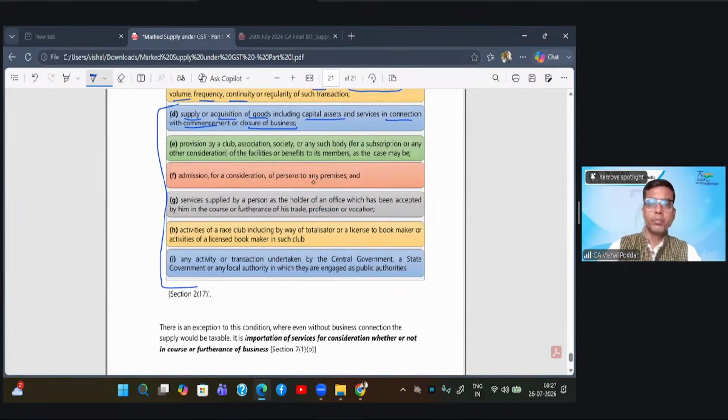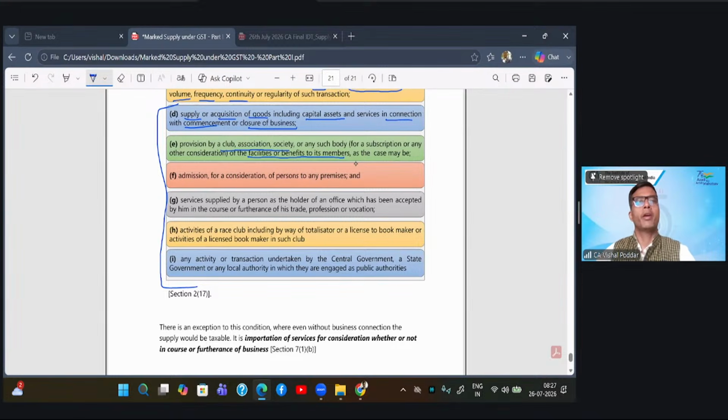Next, wherever any club or society or association is providing any facilities to its members. Like our ICAI is providing benefits to members, that is, chartered accountants. Then the housing society in which you are staying is providing benefits to you in the form of general maintenance.